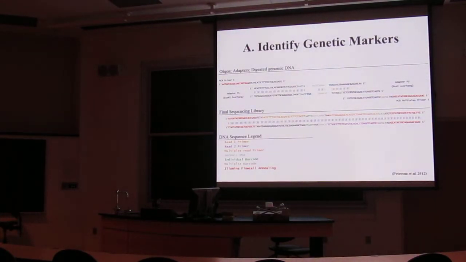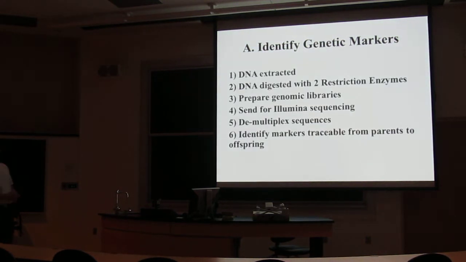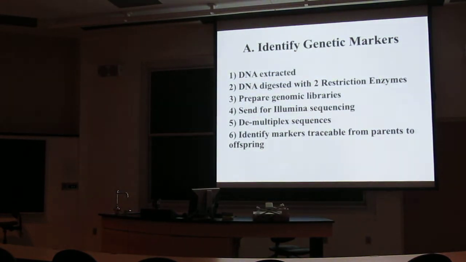It will allow me to pool multiple individuals into the same sample and send it off for Illumina sequencing, and by demultiplexing the multiplex and the individual barcode, I'll be able to identify which individual that fragment DNA belongs to. So after preparation, I'll send off those libraries to Illumina for sequencing. I'll then demultiplex the sequences and identify markers that are traceable from the parents through to the offspring.